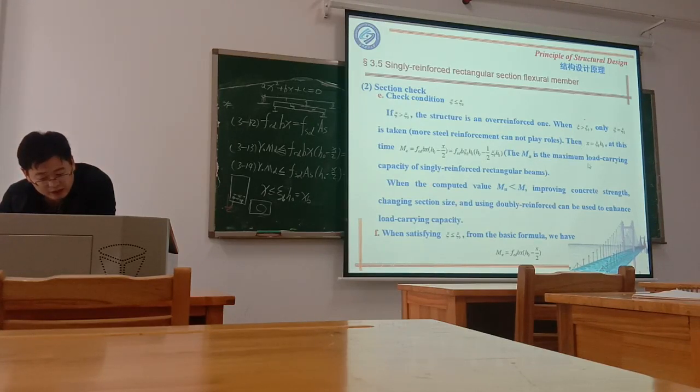The Mu is the maximum load carrying capacity of the singly reinforced rectangular beam. When you calculate the value Mu smaller than M, that means your design is not strong enough, because M is the external load, Mu is the resistive force.